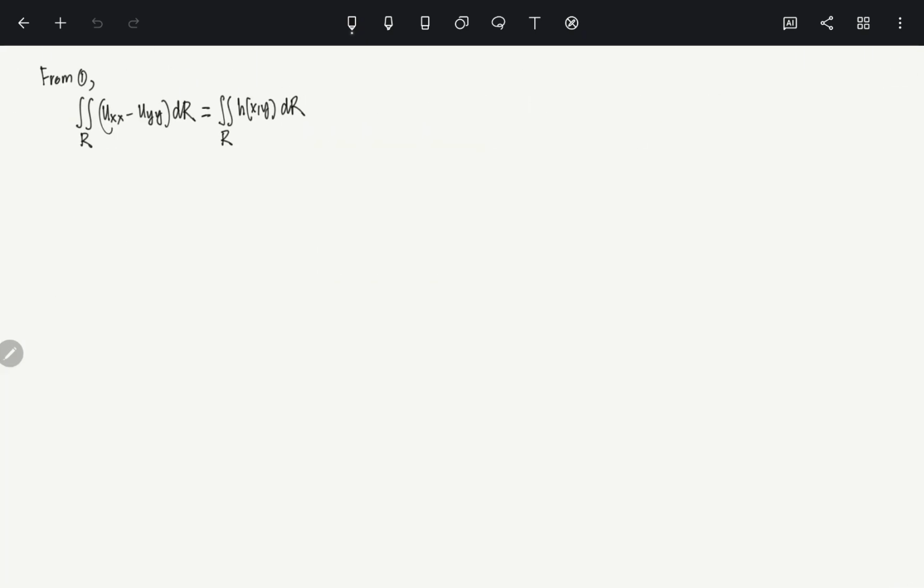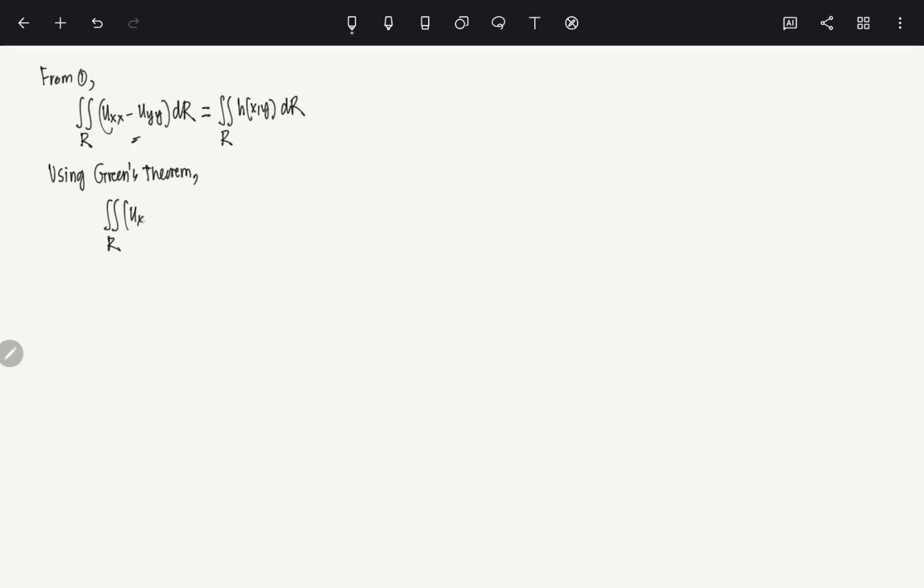Clear? Now once we do that, we can use Green's theorem here, right? In a plane, you can use Green's theorem. So the double integral over r, this is over a region, right? But we do not have to integrate it over the region, we can just do it on the boundary of it.